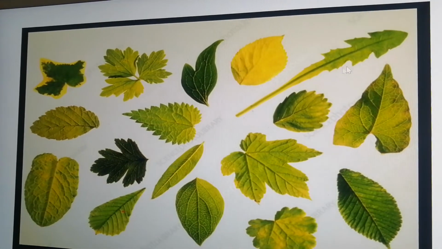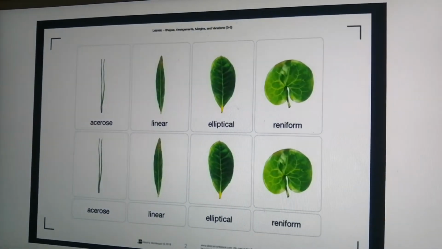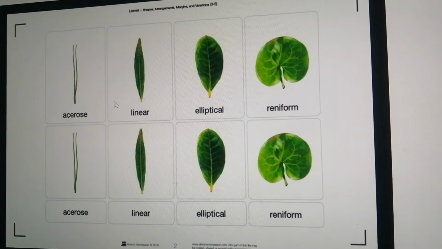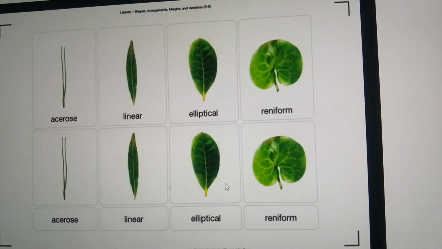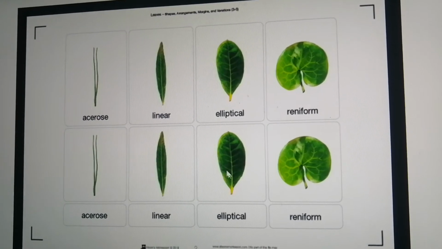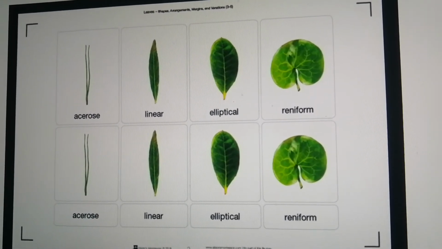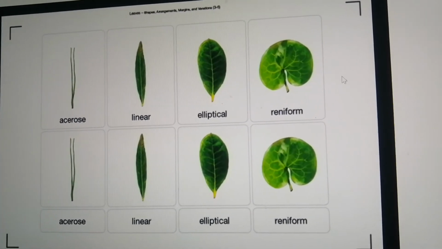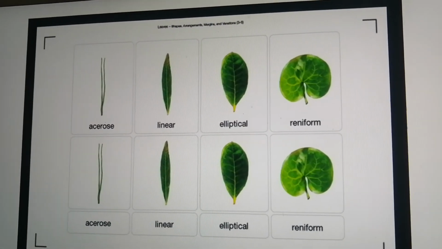You can see another picture here. Although they are common, each has a name, and if you are a keen observer, you can see the different formations, different names and different forms of the leaf.